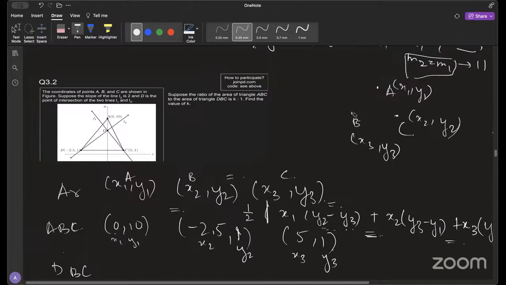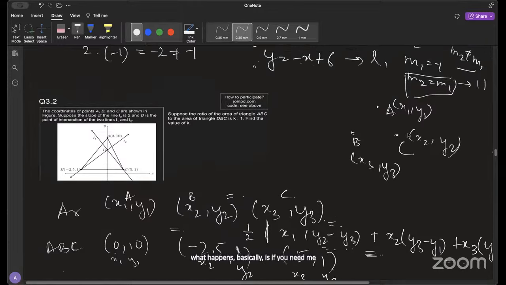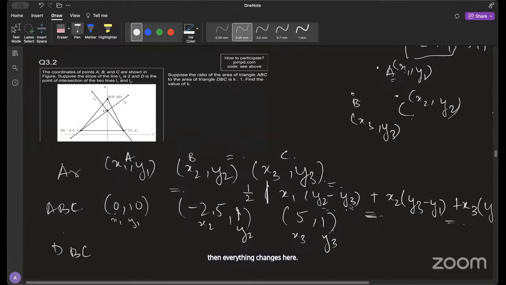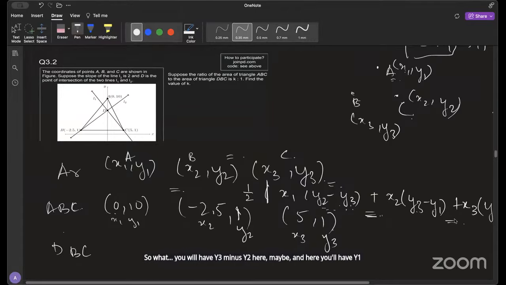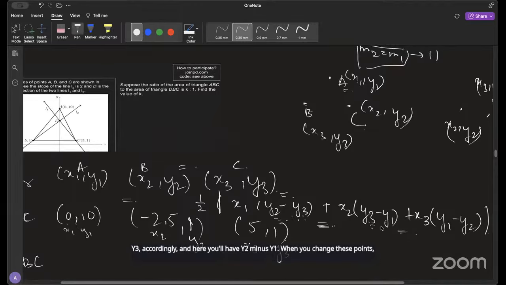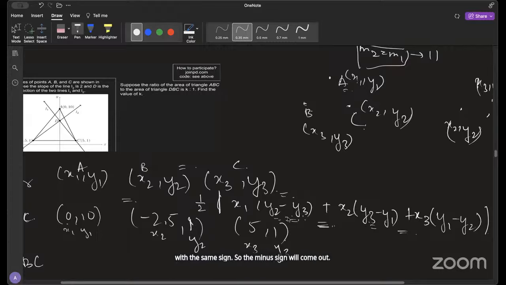What happens basically is, if you need me to explain more on this, when you shift this to x2, you'll consider this to be the second point and this to be the first point, then everything changes here. So you'll have y3 minus y2 here maybe, and here you'll have y1 minus y3 accordingly, and here you'll have y2 minus y1. When you change these points, you'll get these things with the opposite sign. So the minus sign will come out from here, from here, and from here also.